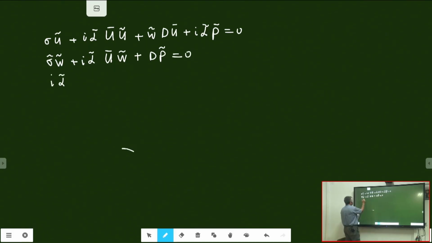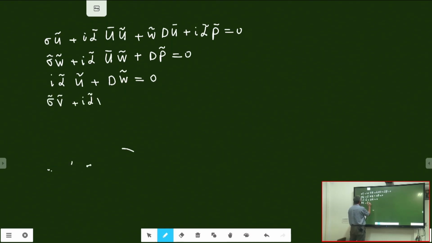Then i alpha tilde u tilde plus d w tilde is equal to 0, and sigma tilde v tilde plus i alpha tilde u bar v tilde plus i beta p tilde is equal to 0.